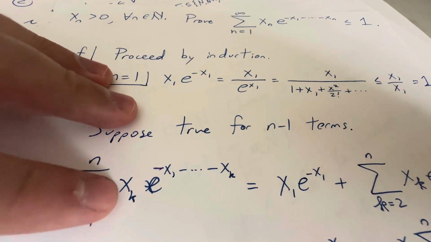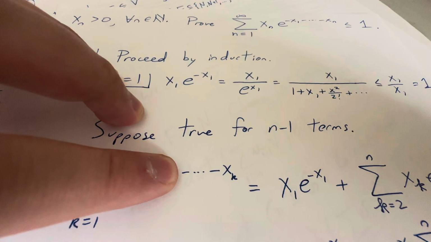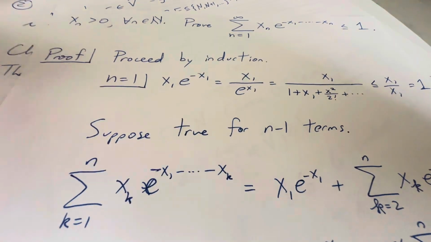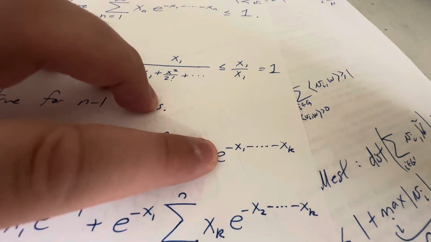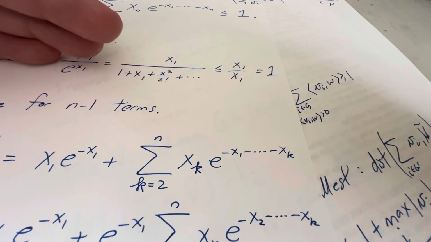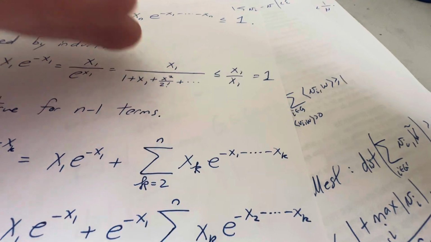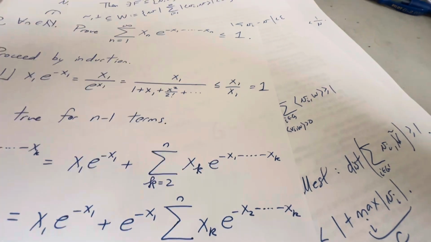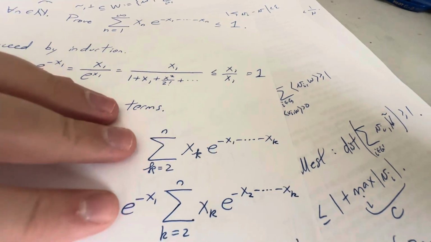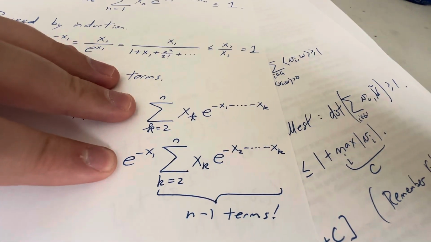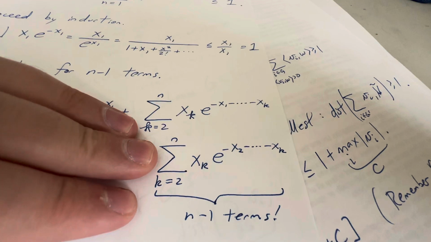If we have k equal 3, we have x3, e to negative x1, negative x2, negative x3, and so on and so forth. So every term in this sum has an e to the negative x1, and what we know about exponents where you add or subtract the powers, we can actually factor one of them out. So you can factor out e to the negative x1, which leaves us with this sum.